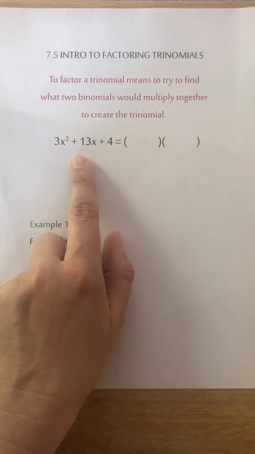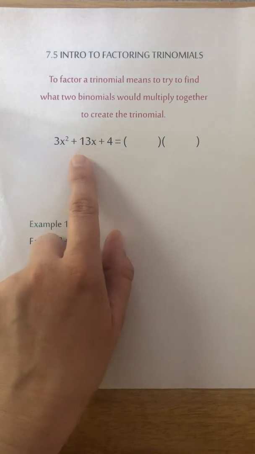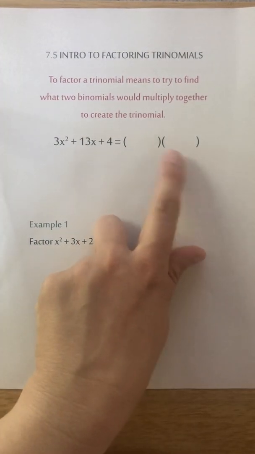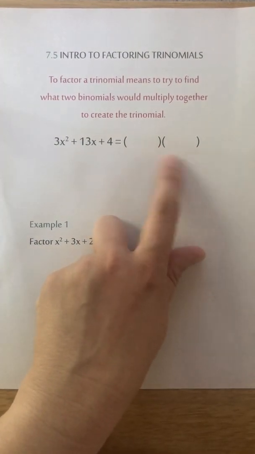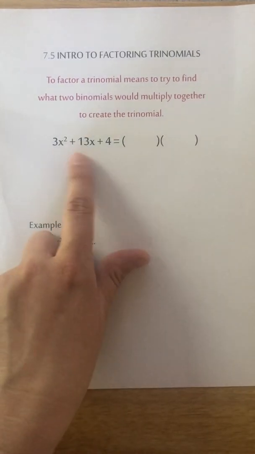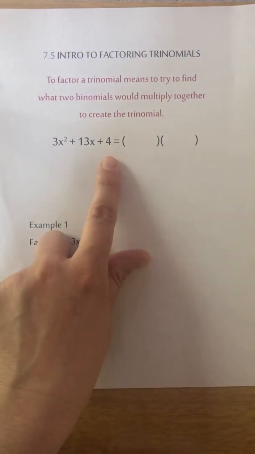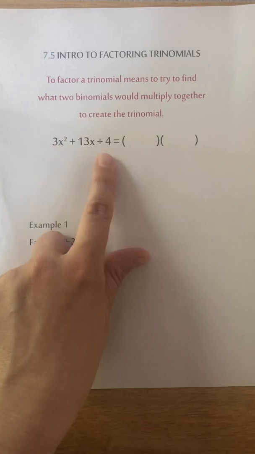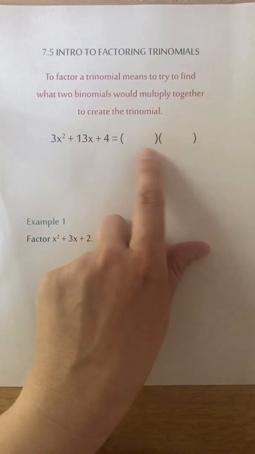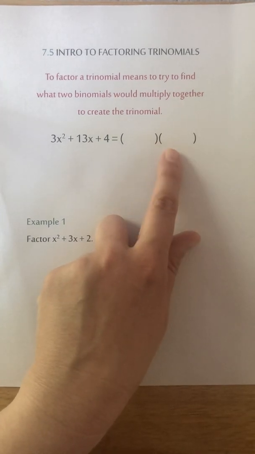Basically what we're doing is we are working backwards from what we did in Chapter 6. In Chapter 6, we were given two binomials and we FOILed them out to get the trinomial. Now we're working backwards where we have the answer, basically, to what it would be if we FOILed these out. Now you'll notice they're blank because we have to figure out what's going to go in the blanks.